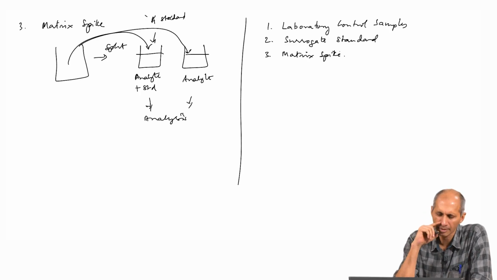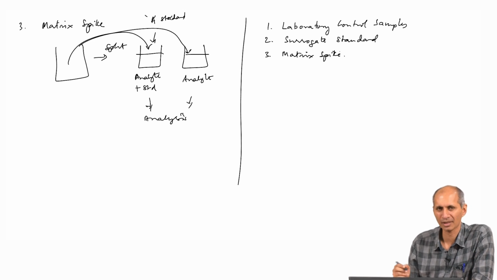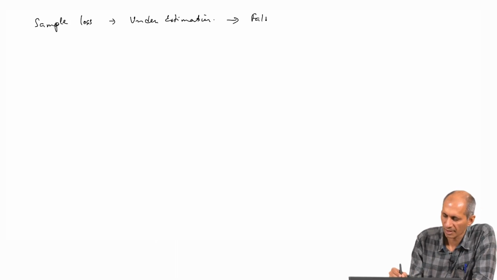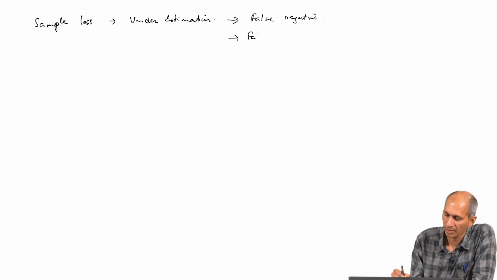Sometimes they are talking about sample losses. There is also another aspect to it. Sample losses lead to underestimation, which usually falls under the category of false negative. But there is also another case of false positives.